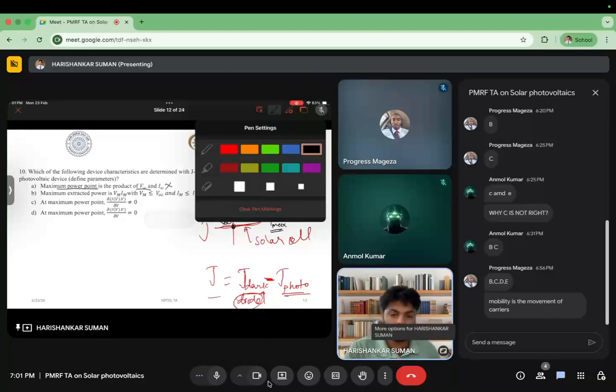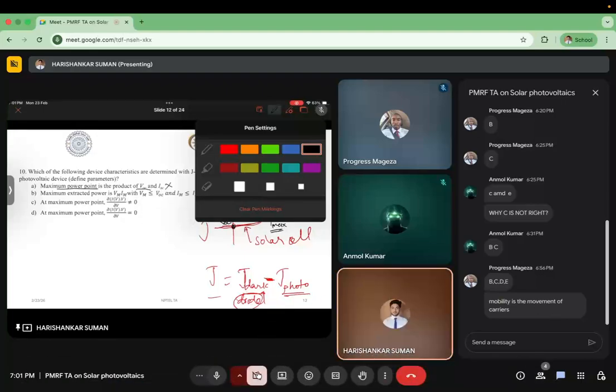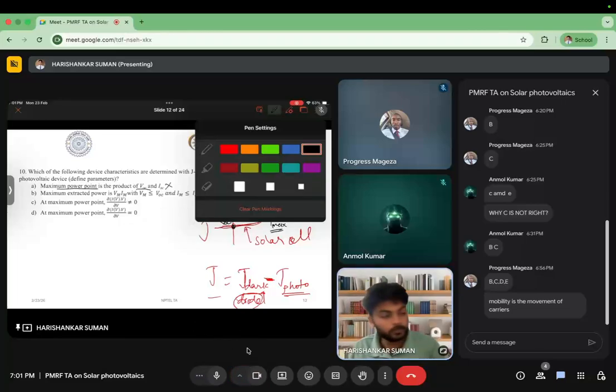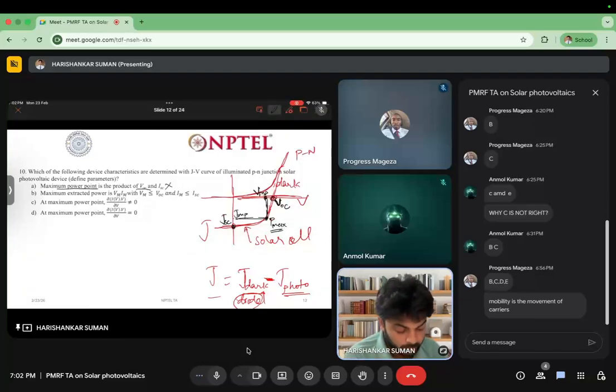One minute. Maximum extracted power is VMP times IMP, or simply J instead of I. Both are similar, as J is current divided by area.